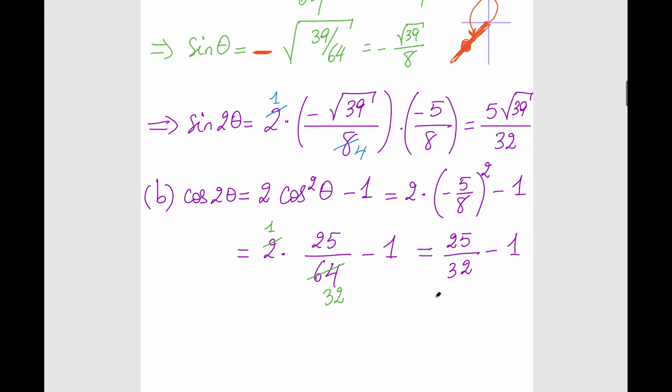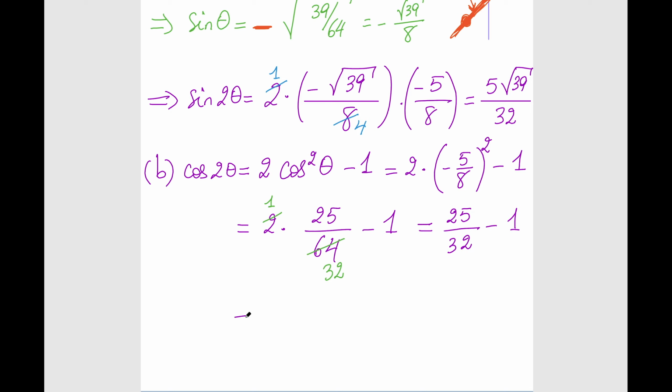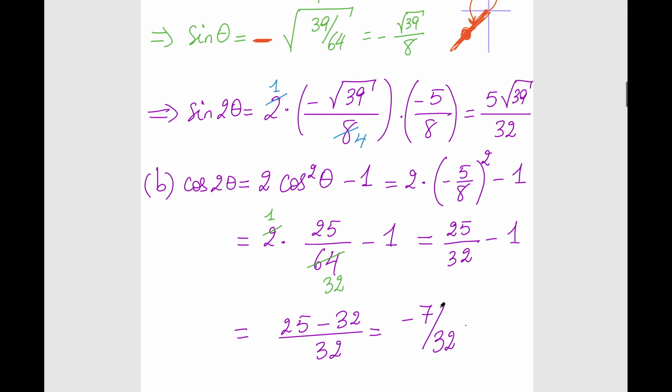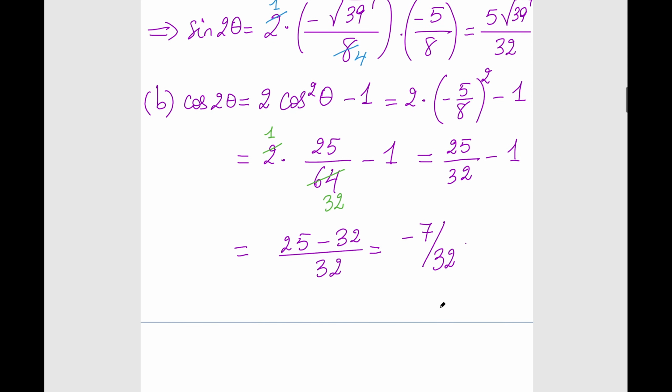Making the same denominator, this is 25 minus 32 over 32, which is minus 7 divided by 32. Sounds good? This is in lowest terms because 7 doesn't divide 32. So this is part B.